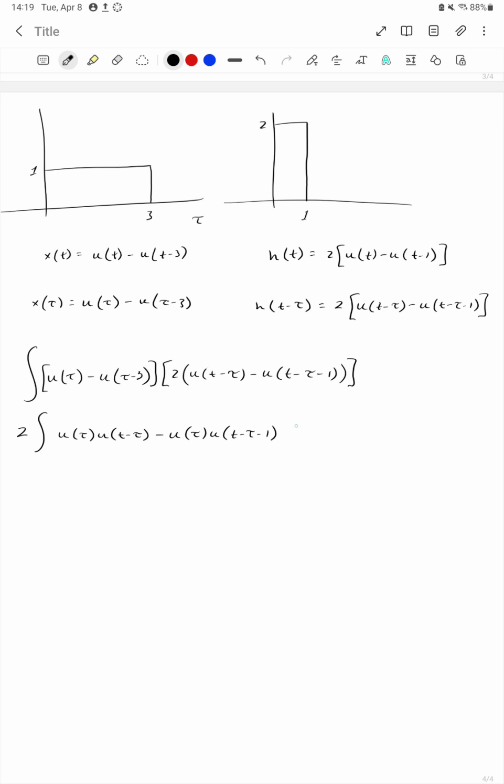Then the third function is going to be minus u of tau minus 3 times u of t minus tau. And then the fourth function is going to be plus u of tau minus 3 times u of t minus tau minus 1. Okay, so that's just FOILing it all out.